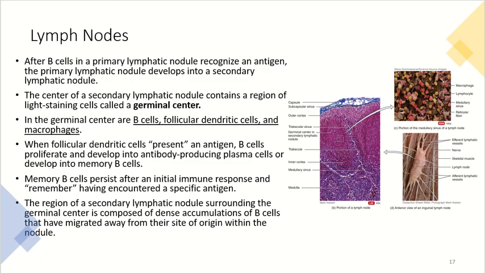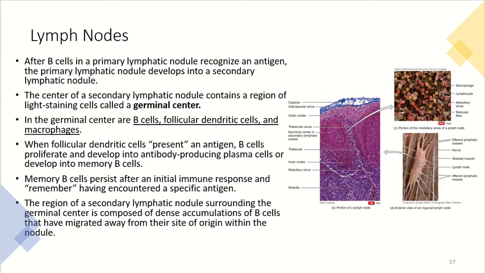So after the B cells in a primary lymphatic nodule recognize an antigen, the primary lymphatic nodule is going to develop into a secondary lymphatic nodule. The center of a secondary lymphatic nodule is going to contain a region of light staining called the germinal center. In the germinal center, there are going to be B cells, as well as follicular dendritic cells and macrophages. When the follicular dendritic cells present an antigen, the B cells are going to start to proliferate and are going to divide into antibody-producing plasma cells, or they're going to develop into memory B cells.